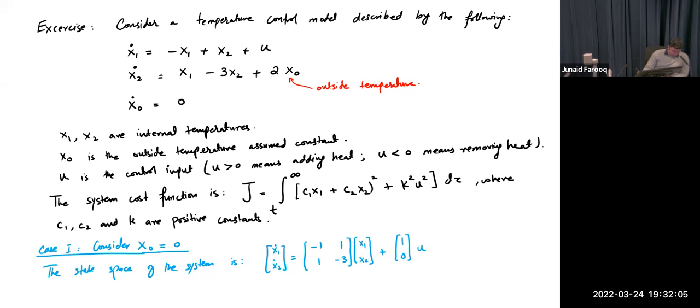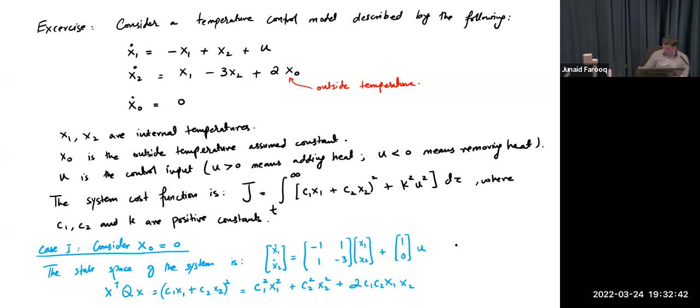So the first thing is to figure out what is the Q and R. So remember x transpose Q x is (c1 x1 plus c2 x2) whole squared. If you simplify this, this will become c1 squared x1 squared plus c2 squared x2 squared plus 2 times c1 c2 x1 x2.